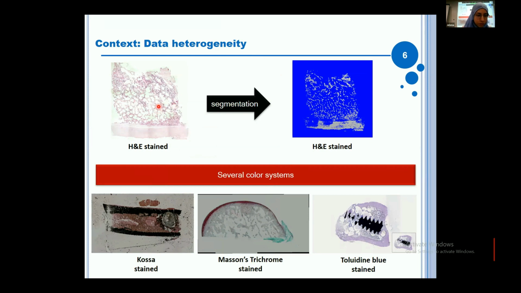This example shows a stained histology section and the output after segmentation. The segmentation is needed to make the histology registration when we use a rigid registration. But on the other hand, we notice that the histology data are heterogeneous in terms of staining. As shown here, there are several staining methods.